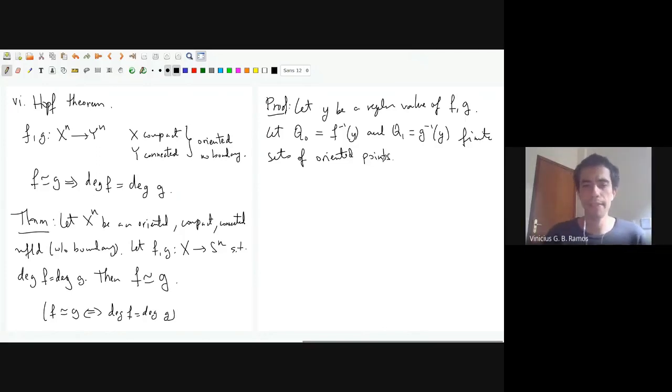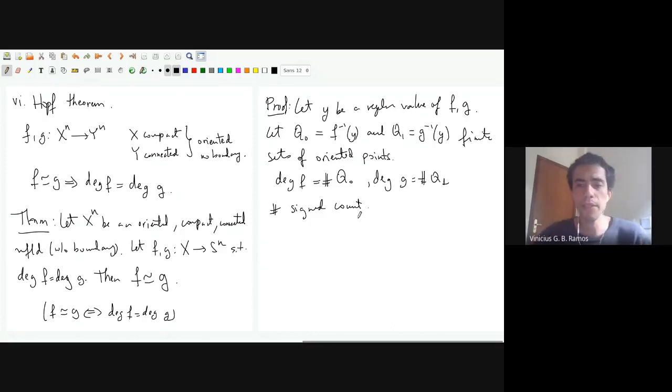And the degree is exactly the number of points in each of these two submanifolds, counted with signs. So the degree of f is basically the number of points in Q0, and the degree of g is the number of points in Q1, where this number means a signed count. Okay? All right, so we're assuming that these two are equal.